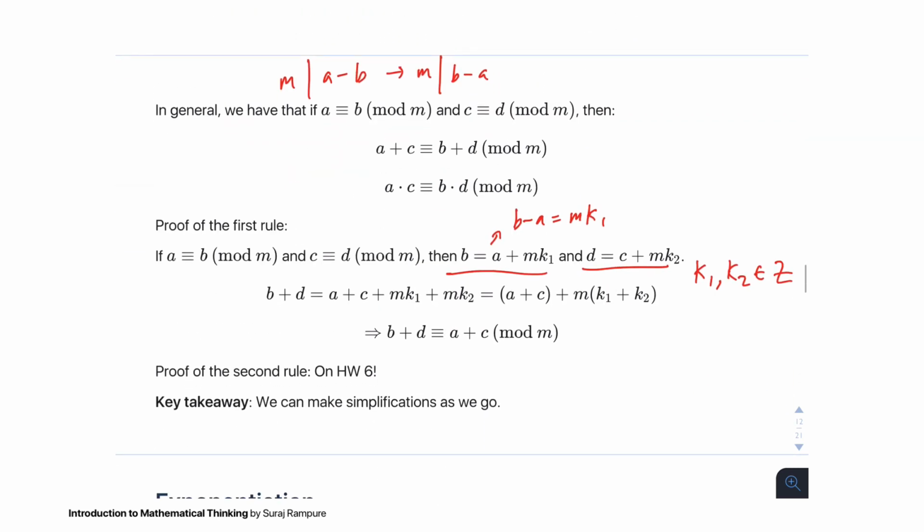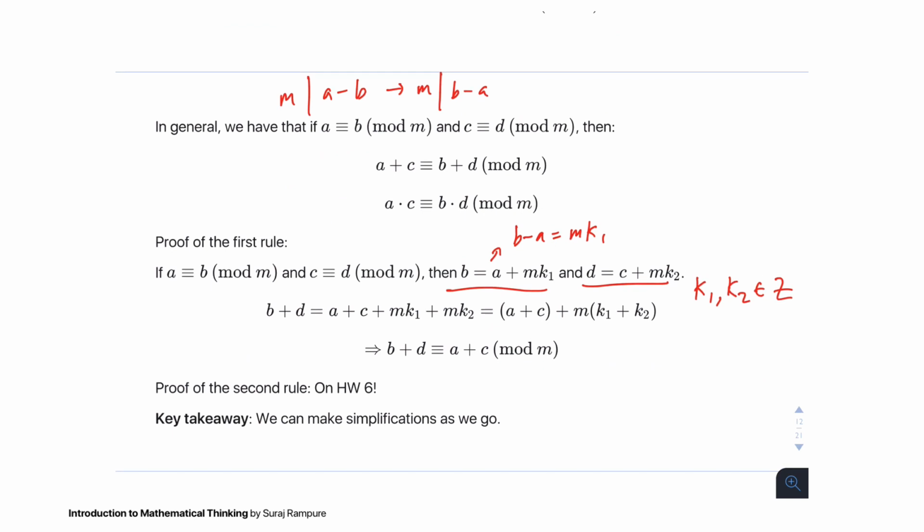Cool. So I can write B is equal to A plus some constant times m k1, and D is equal to C plus some other constant times m k2. But now if I add my expressions for B and D, I get B plus D is equal to A plus C plus m times k1 and m times k2.